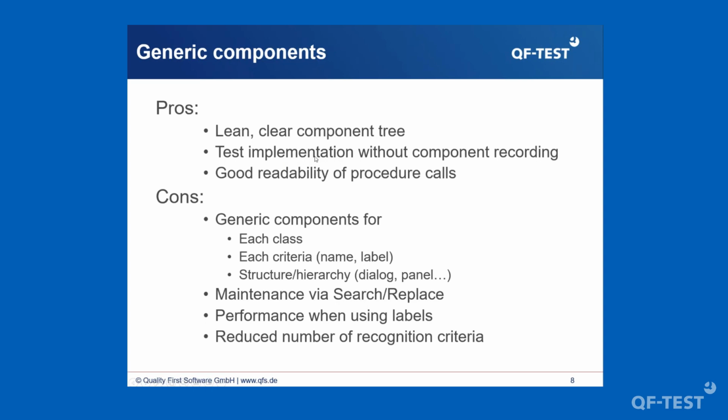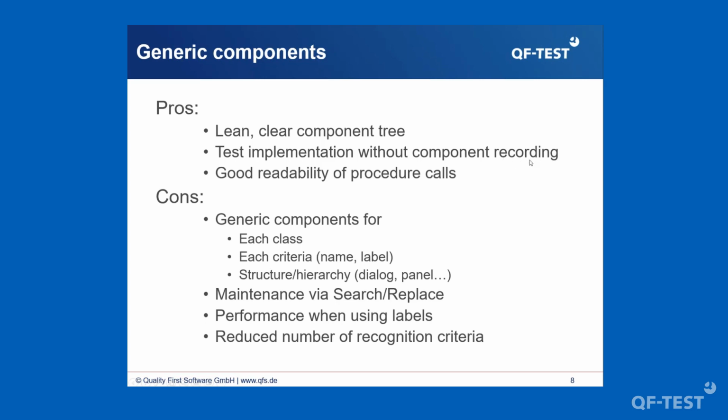You don't have to record components when you set up your tests, and that's very useful when you set up the test just using procedure calls. Then you want to insert procedure calls, but you don't want to record all the component nodes and then use the QF-Test IDs of the components.